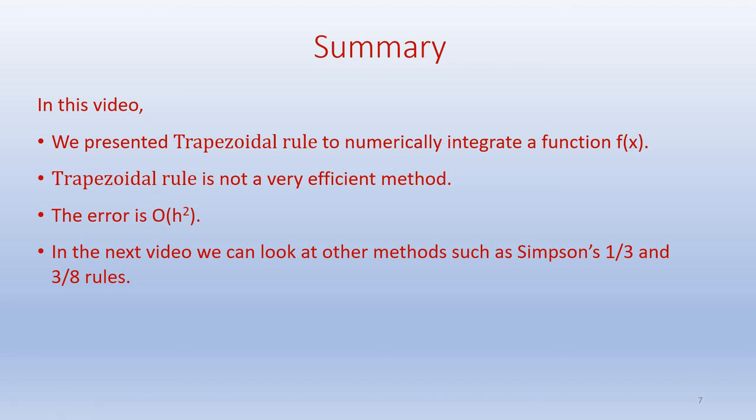We have to increase the number of segments quite a bit to get a more accurate value. The error is of the order of h squared. In the next video, we can look at more efficient methods such as Simpson's 1/3 and 3/8 rules.